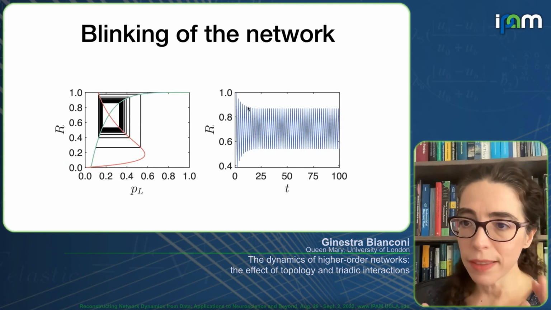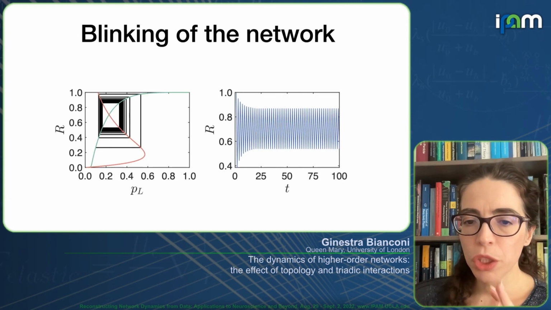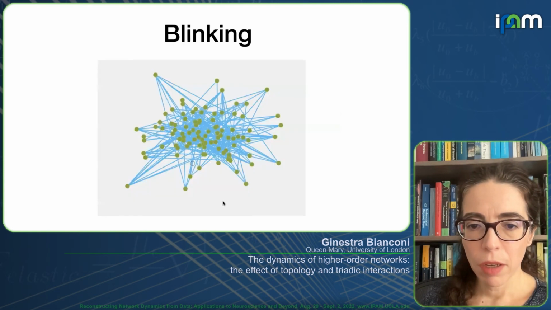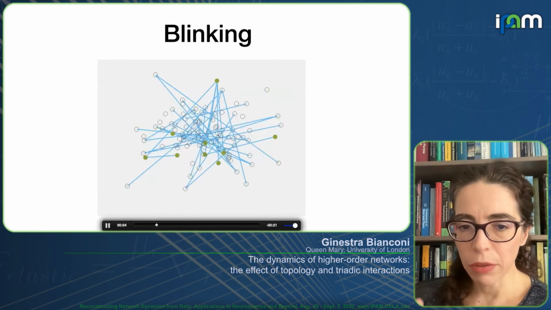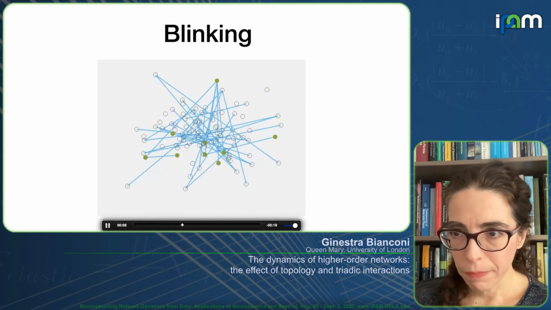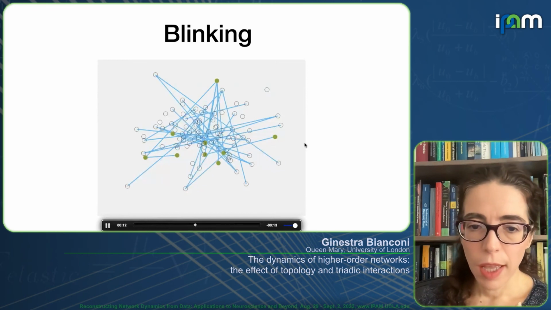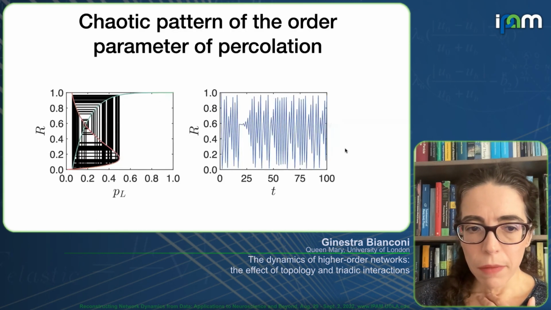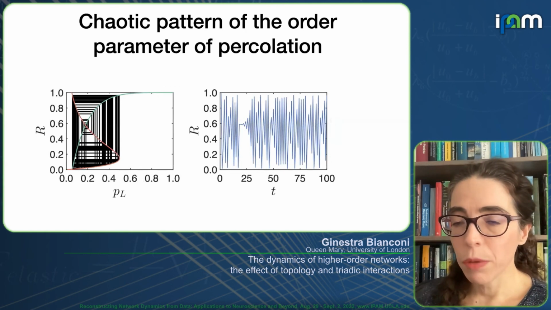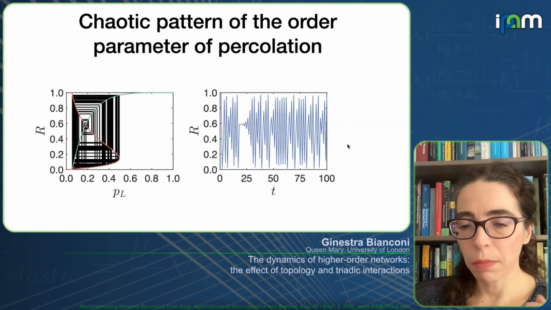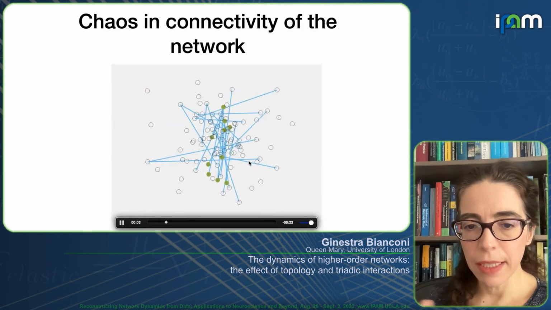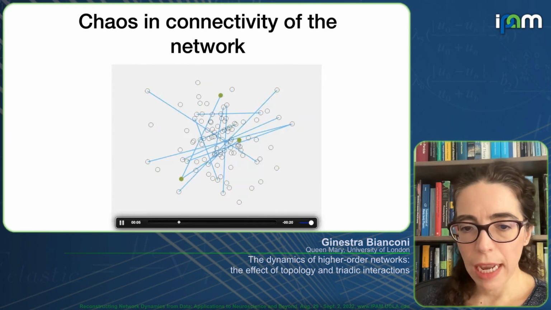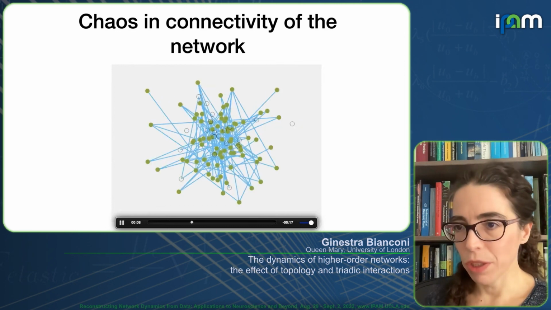So this is the order parameter of percolation, which is oscillating in time, which means that you have something like this. This is a visualization of that. So the network, the links, and the activity of the nodes are oscillating in time with period 2. And you can also have period 4, and you can also have chaos of the order parameter. So what happens is that the network connectivity can really change in time in a chaotic fashion.